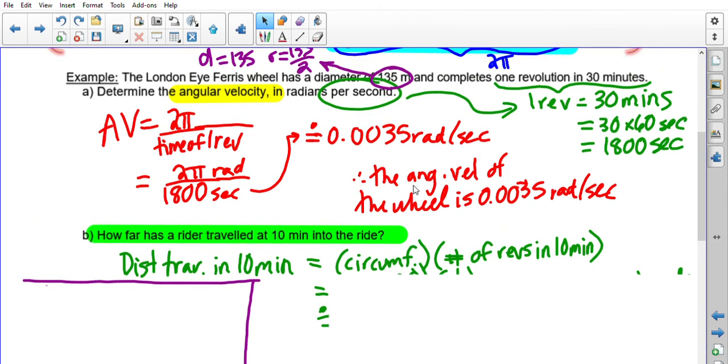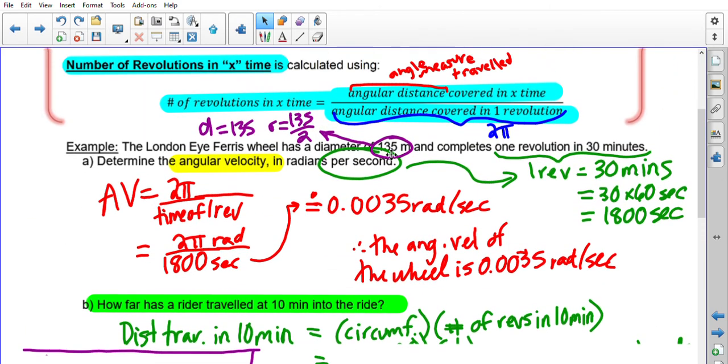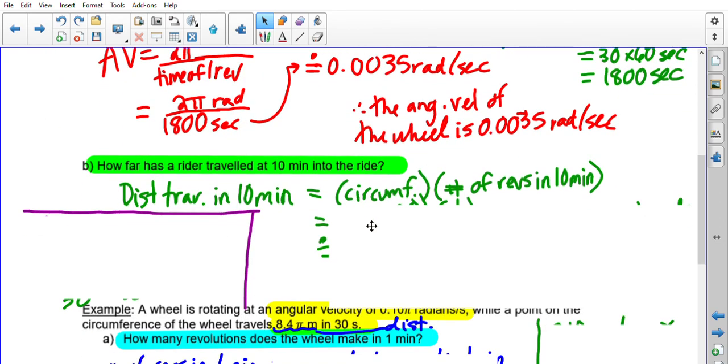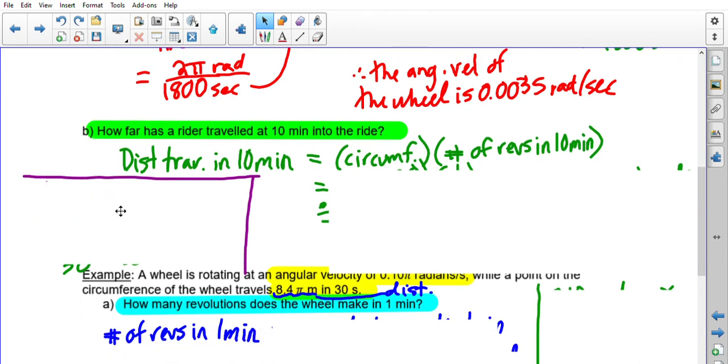We know the radius because they gave us the diameter, so we just take the diameter and divide it by 2, and that will be our radius. What we don't know is the number of revolutions done in 10 minutes. So we're going to have to do some ratios at the side here to figure that out.